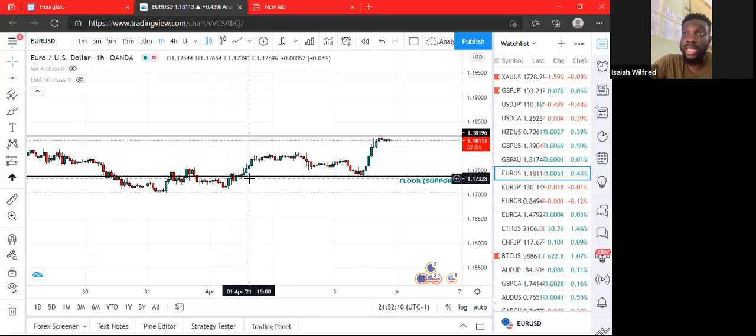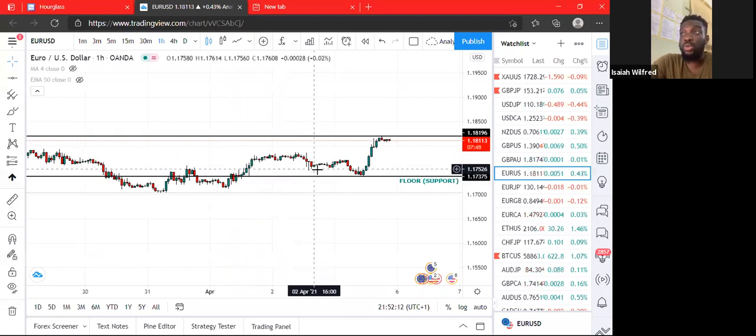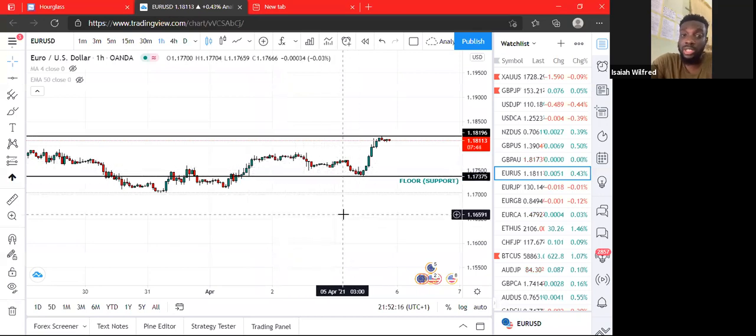It dropped here, it hit here and started going back up. So support is anywhere you locate on the chart that, just know that support is somewhere that whenever price reverses from that point, we're supposed to be looking for a buy. And once price reaches the ceiling, it's possible that it will start rejecting. That's what we call resistance.